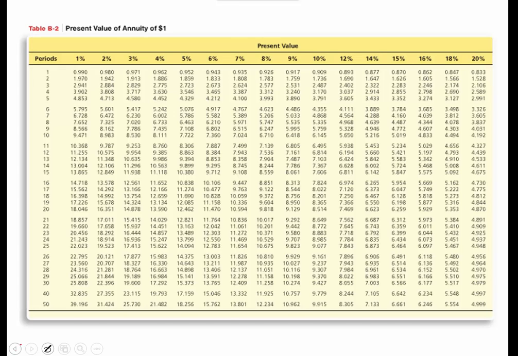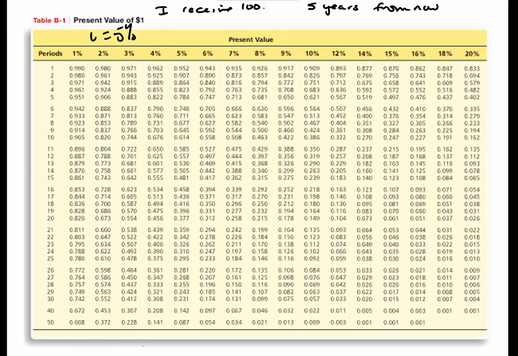So I would go with, here's my 5%, and I would go with 5 years, and I would see where they meet, and this gives me 0.784 is my discount factor, okay? This is my discount factor is what I call it.